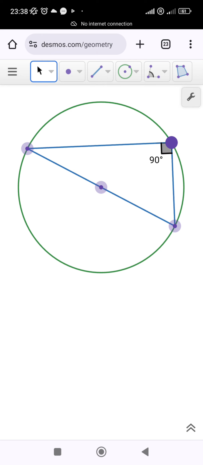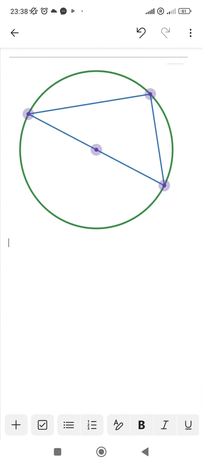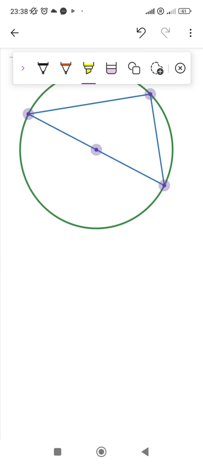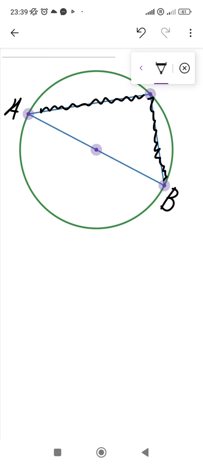I used another word there. I'll explain that word as we get into our proof. So I used the word subtend. What does subtend mean? Let's call this point A and let's call this point B. Where point A and point B go toward. Point A goes toward this point. Point B goes towards that point. So point A and point B subtend towards this point over here.